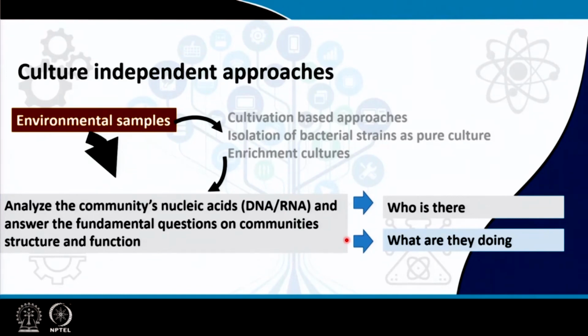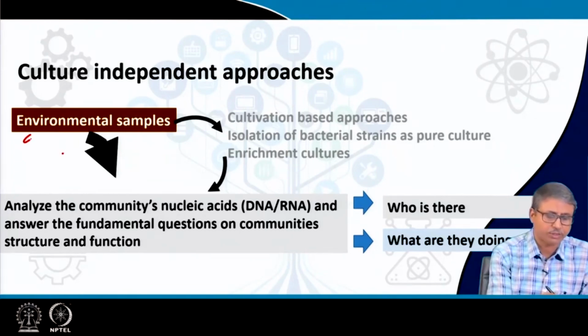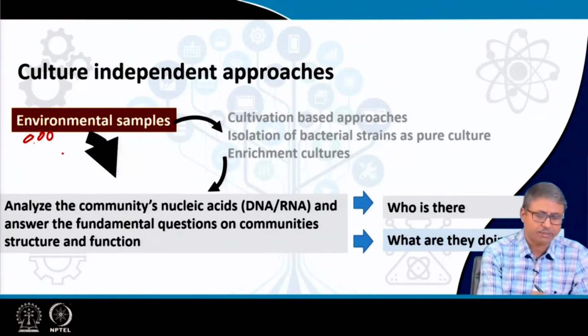Now, here there is a possibility that we can actually go with two types of methods. So, let me just explain that in a very simple way. These environmental samples are assumed to contain numerous bacterial or microbial cells. So, there are many microbes present in any kind of environmental system.